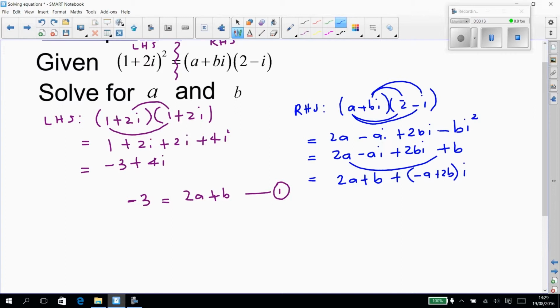Then I'm going to do the same with the imaginary numbers. So I have 4i equals (−a + 2b)i.